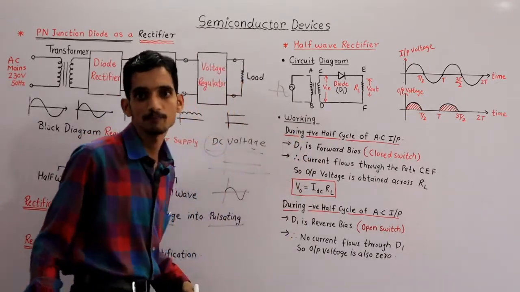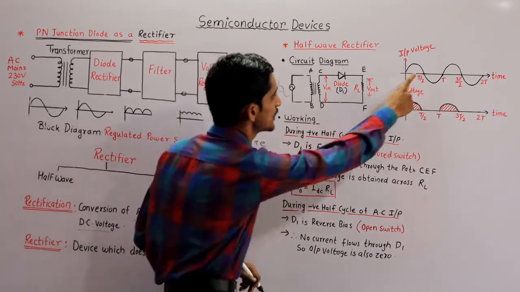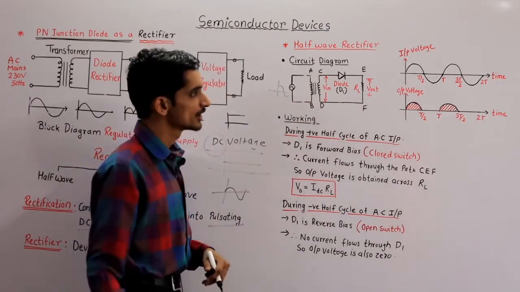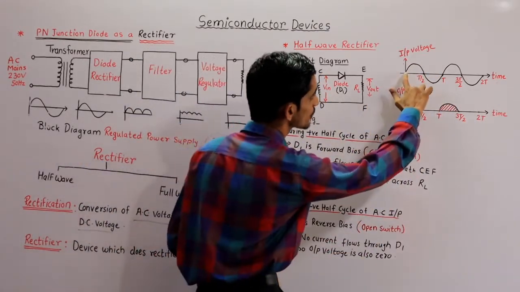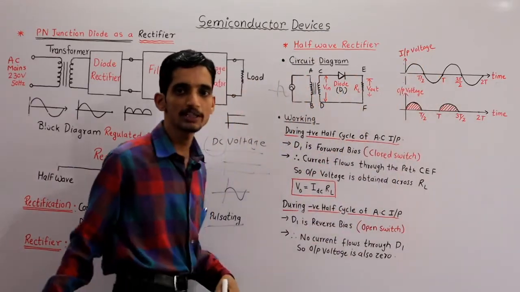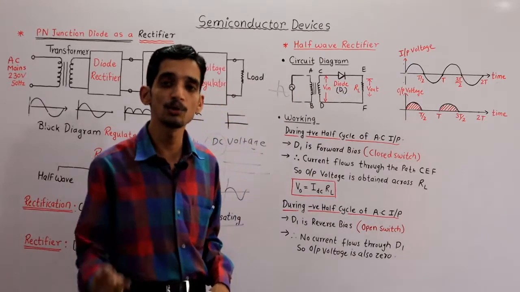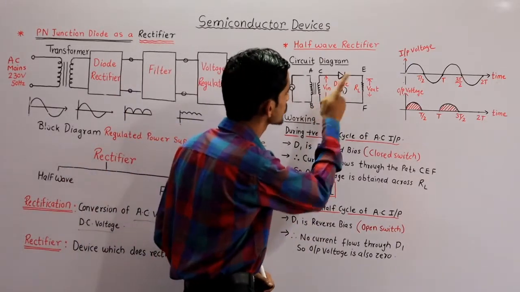How it works. Whenever I am applying this AC sine wave, this AC voltage, into this transformer, the AC is continuously changing. So during the positive half cycle of AC input voltage, this diode is forward bias, because I already told you when diode is forward bias: whenever the anode side is more positive than cathode.